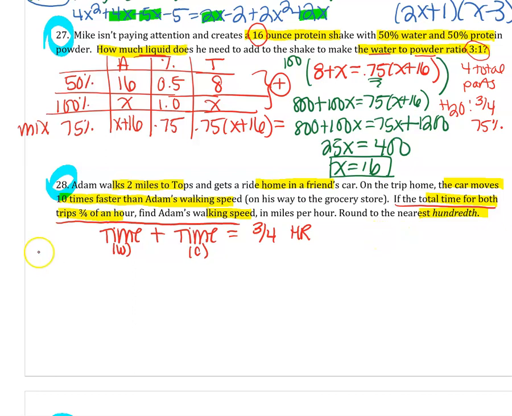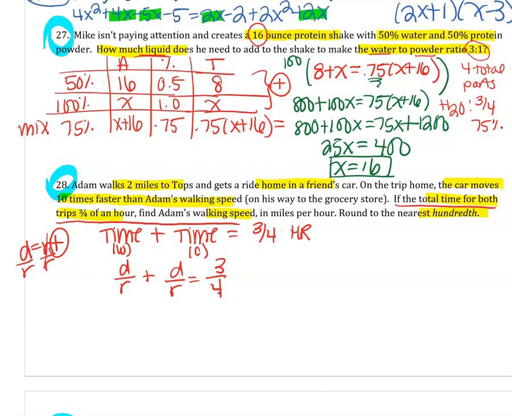Now remember how distance equals rate times time. I'm talking about time here, right? Based on this relationship, I know time is equal to a distance over a rate. So write this as d over r plus d over r equals, and I'll just leave that as 3/4.